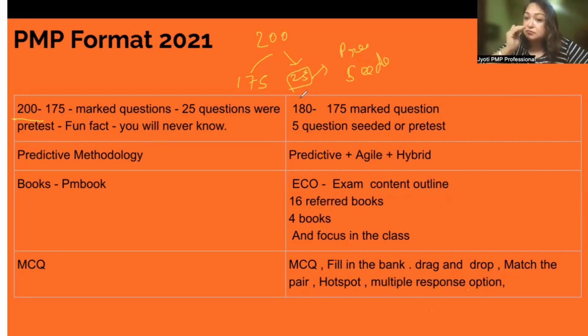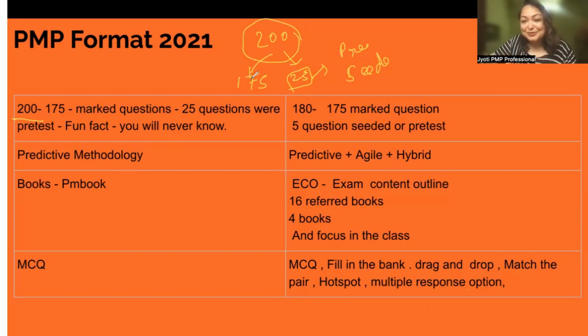They could be the first, fifth, seventh, eighth, or any question, any number. There is no sign on them showing that these are pre-test questions. You cannot leave them. You have to attempt all 200 questions, and only 175 of them will be marked.